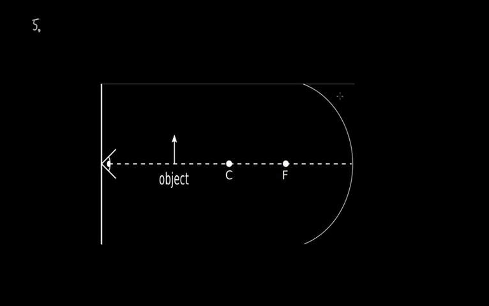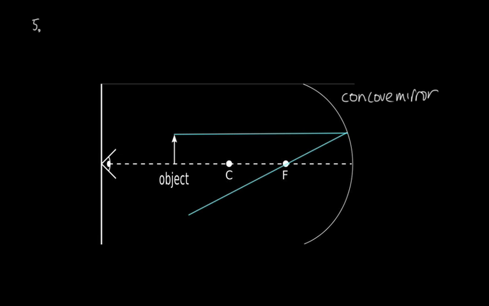Okay, so in this next one, this is once again a concave mirror. And once again, we use the same process to draw on our rays. We draw one ray, which is parallel to the principal axis, like this, and then it's reflected off the mirror so that it goes through the focal point of the mirror like that. And then with our next ray, we draw it going through the focal point.